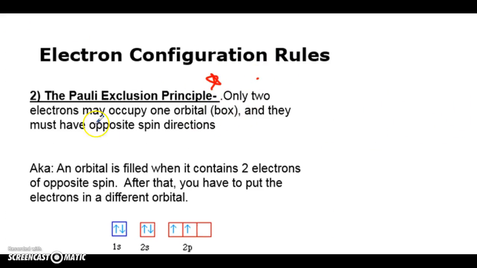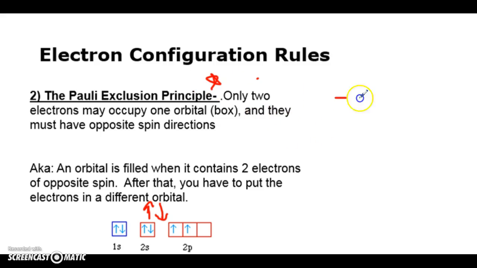That is saying that electrons will have opposite spins when they're in the same orbital, the same box when you draw them. So one will be spinning clockwise and the other one will be spinning counterclockwise. If you do a little bit of research and tell me a little bit more information behind that, I will give you a few bonus points.